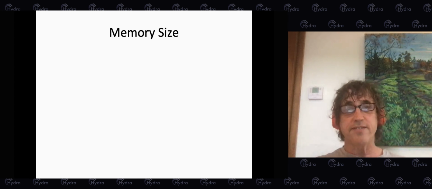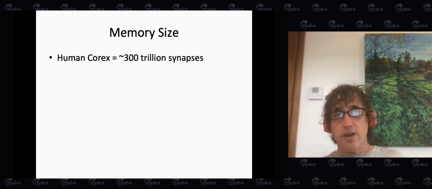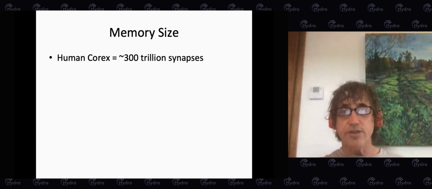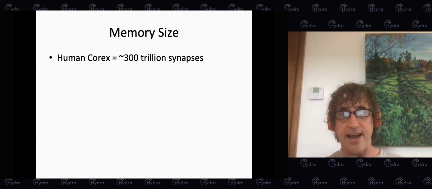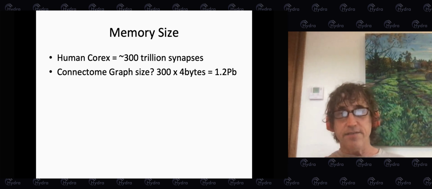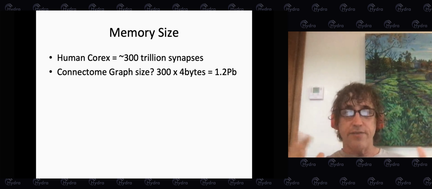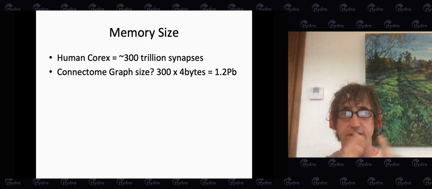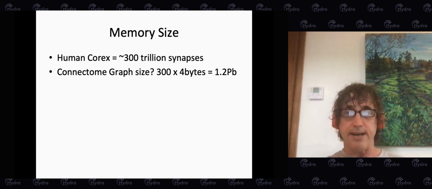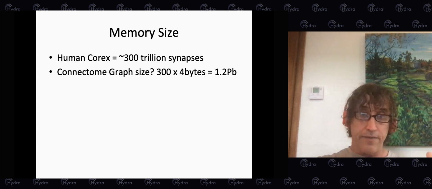What about memory size? Well, the human cortex is about 300 trillion synapses. If that's an edge in my graph, then to hold the connectome graph of your cortex, and let's say that I just use 4 bytes for every connection, every edge, is about 1.2 petabytes. So a petabyte of graph.